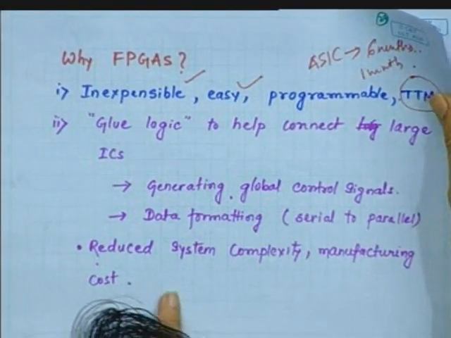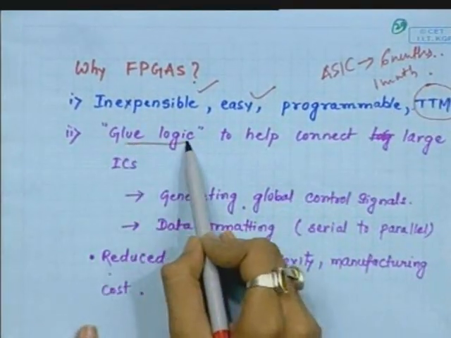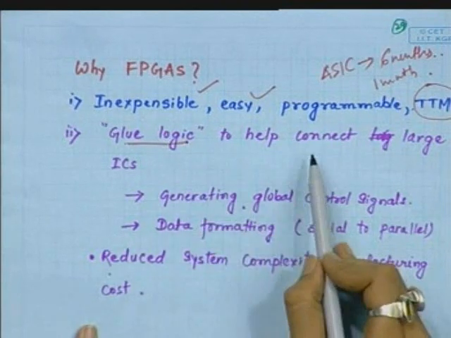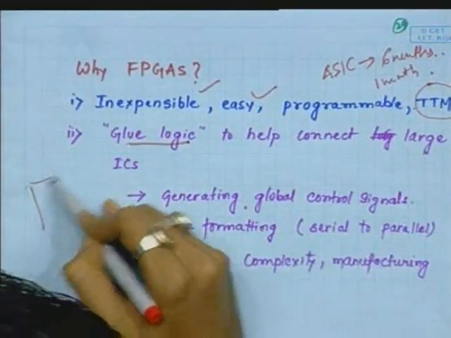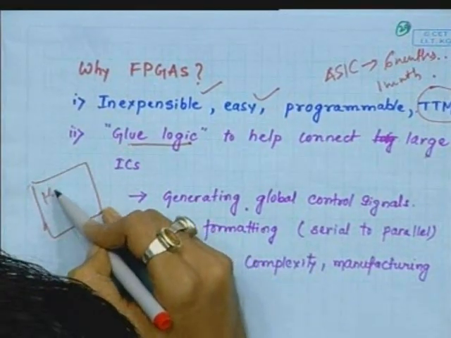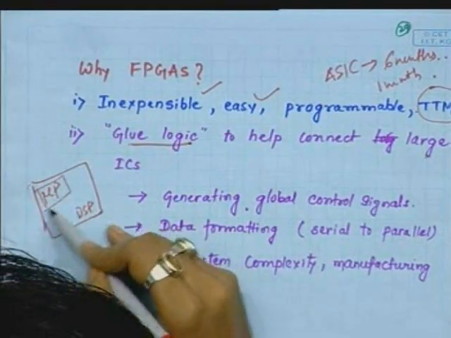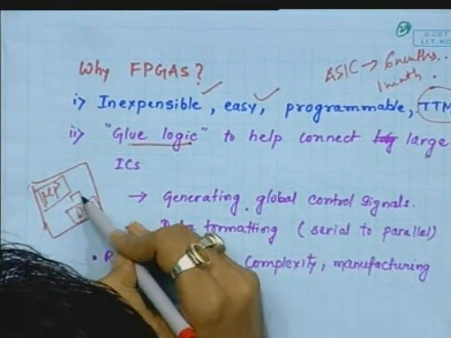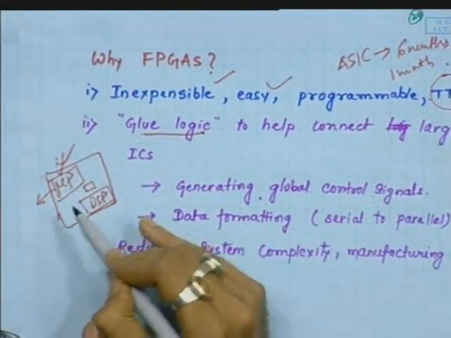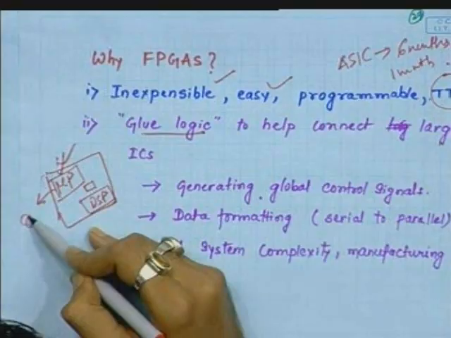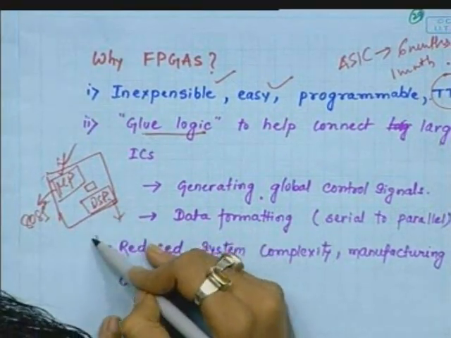Next, an FPGA can be used as glue logic to help connect large ICs. As I said earlier, suppose you have microprocessors, DSPs. You will not go for an IC. Suppose you use a microprocessor like your 8085, or a DSP processor from TI.